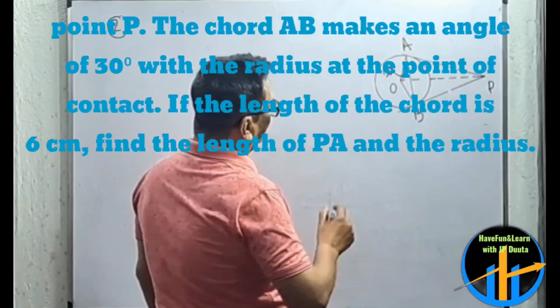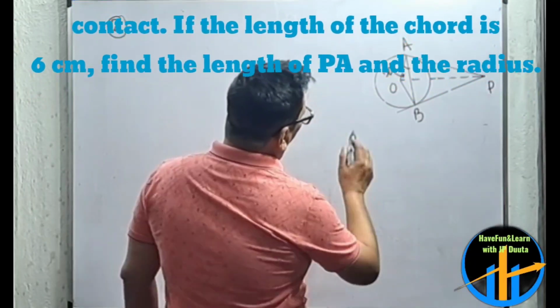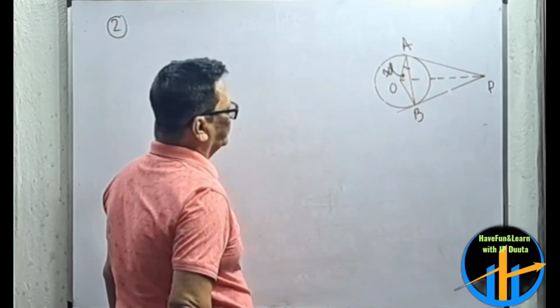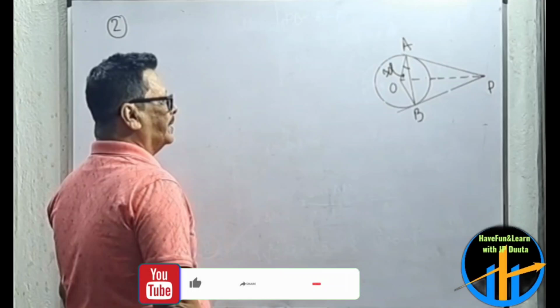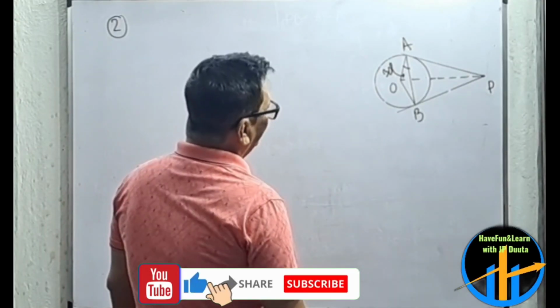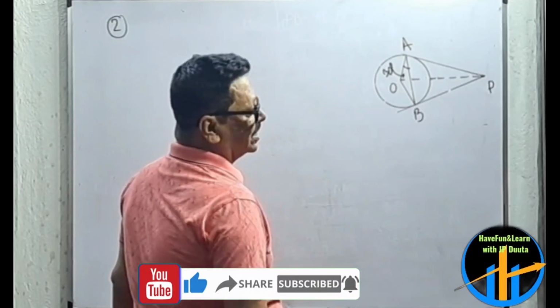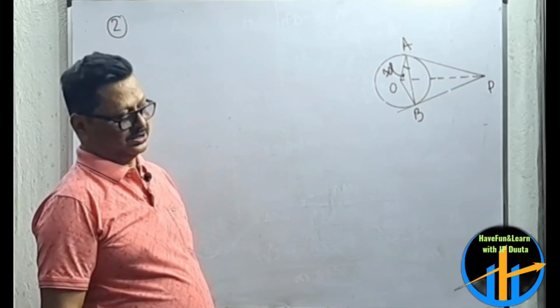Now AB is a chord which makes an angle of 30 degrees with a radius. This angle is 30 degrees. We have to find out the value of the radius and AP, the tangent, given the length of the chord AB to be 6 centimeters.